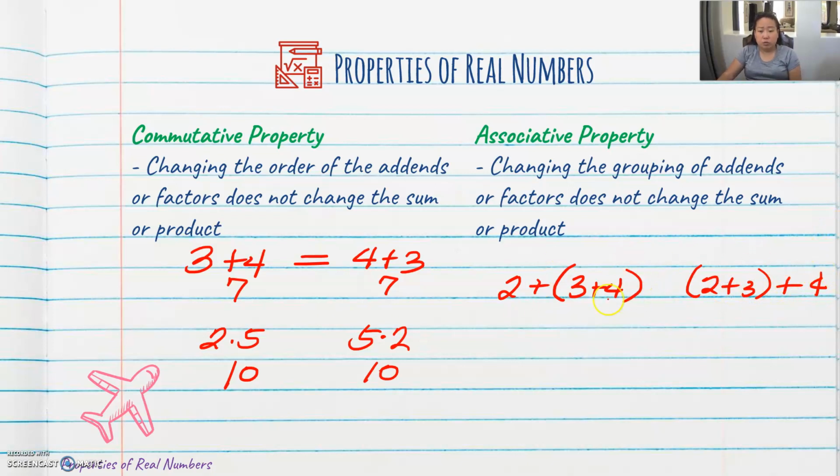On the left side, 3 plus 4 is 7, and you add 2, that's going to give you 9. On the other side, if you have 2 and 3 grouped together, that's going to be 5 plus 4, and you can see that that's going to be 9 as well. So changing the grouping when you are adding or multiplying, it's going to be just the same values. All right.